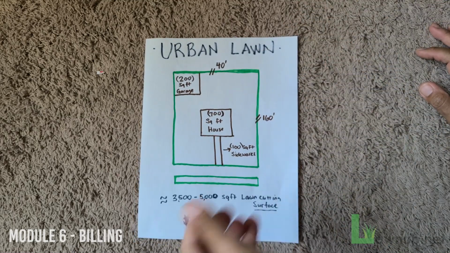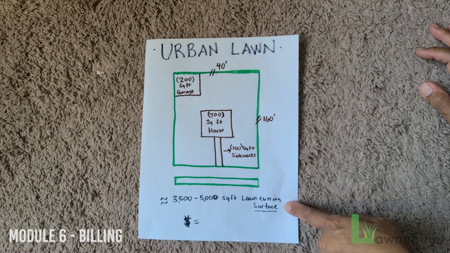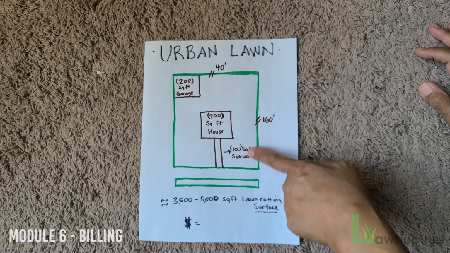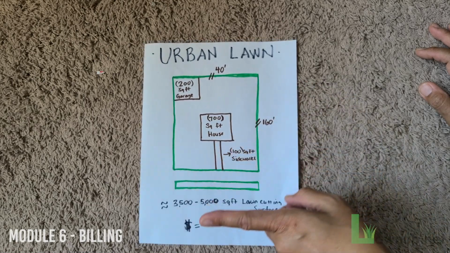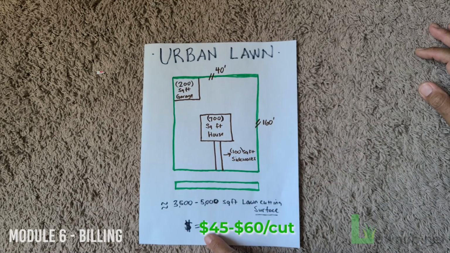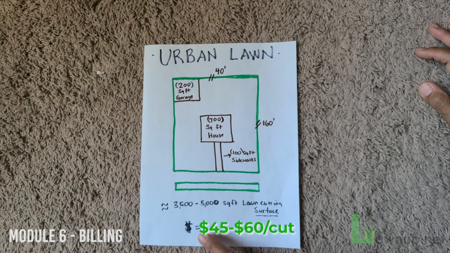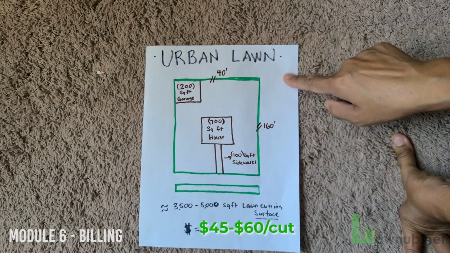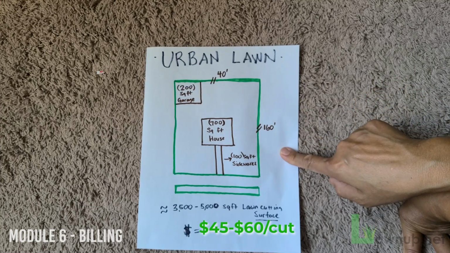So with that in mind, you're going to have a cutting surface area of about 3,500 to 5,000 square feet of cutting space. And this is about the price that is roughly going around for an urban lawn. So this is what you'll see in an urban lawn.